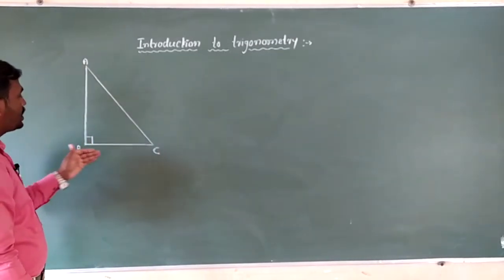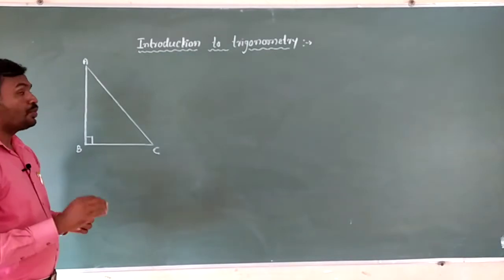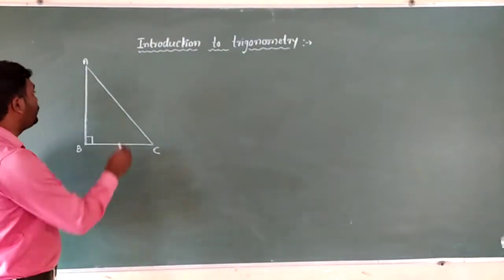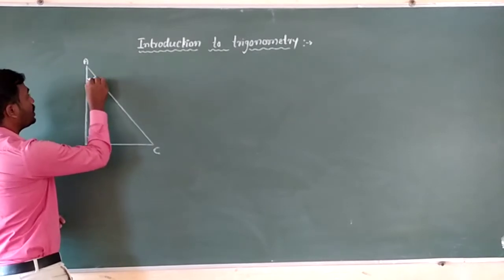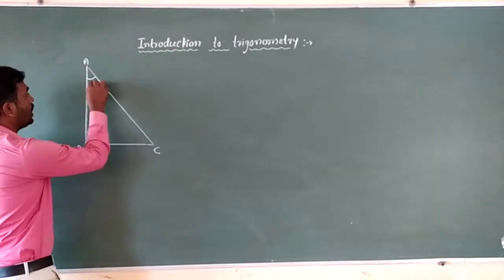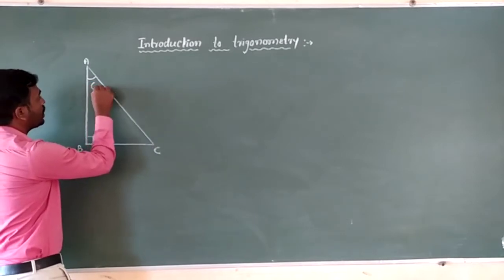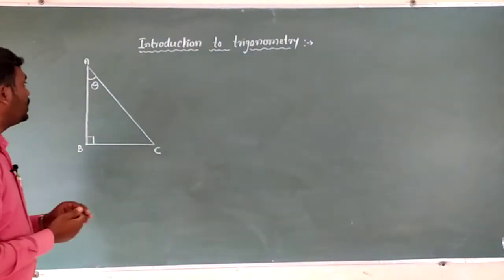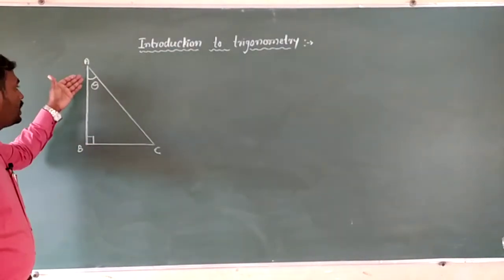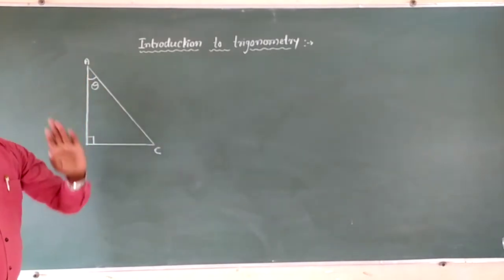Here ABC is a right angled triangle, right angled at B. With reference to one of the angles, I will take angle A as the reference angle. It is an acute angle, and acute angles are represented by the symbol theta. So I have represented angle A as theta.